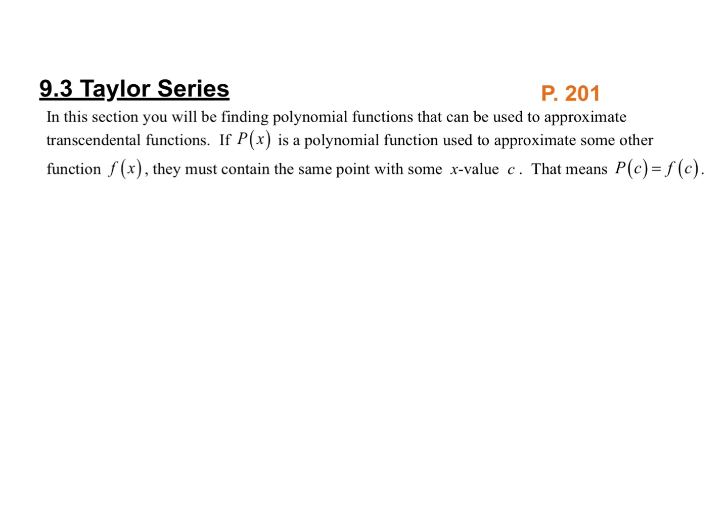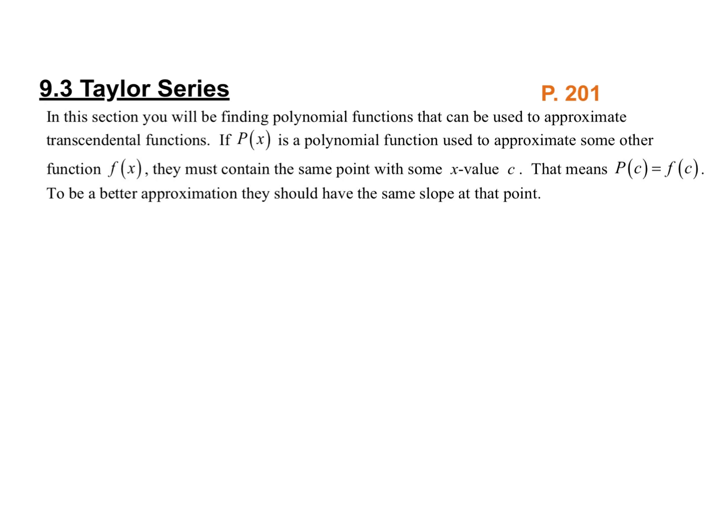Now, when we're trying to approximate another function, we have to be able to compare their slopes, because what we want to do is mimic what the graph is going to look like. In order to improve our approximation, we want the slopes to get closer and closer together. At certain points, they should have the same slope.